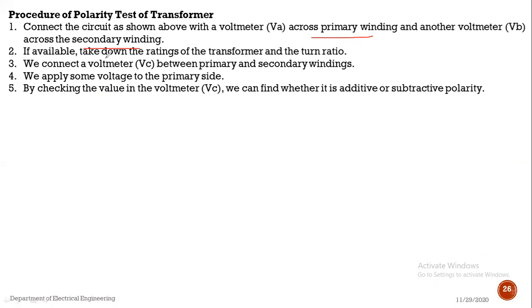If available, take down the rating of the transformer and the turns ratio. जर available किंवा possible असेल, then we will take the rating of the transformer. Transformer चं rating किंवा त्याचा turns ratio काय आहे?